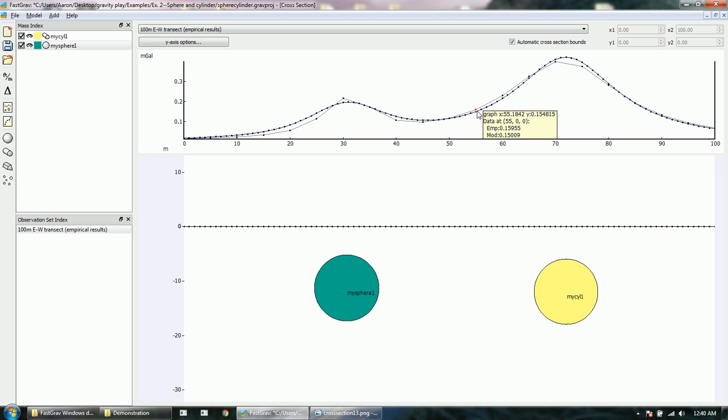So here I can see that my empirical gravity value is 0.15955, and my modeled gravity value is 0.15009. So those are nice and close. I can see that graphically, but if I want to, I can also check out the numbers themselves right there.